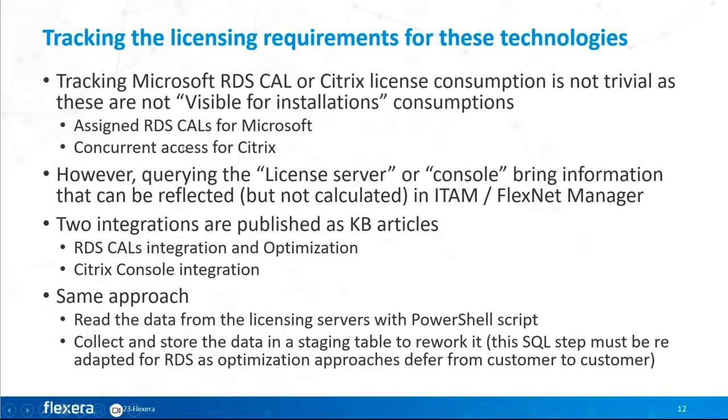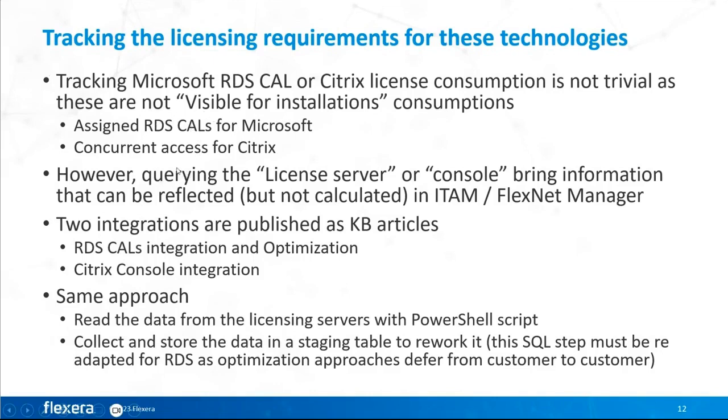The other integration is very similar. It queries the Citrix API directly and provides the Citrix console data, which is the typical one you may have seen: this server has this max consumption for this product, so you get the peak consumption.